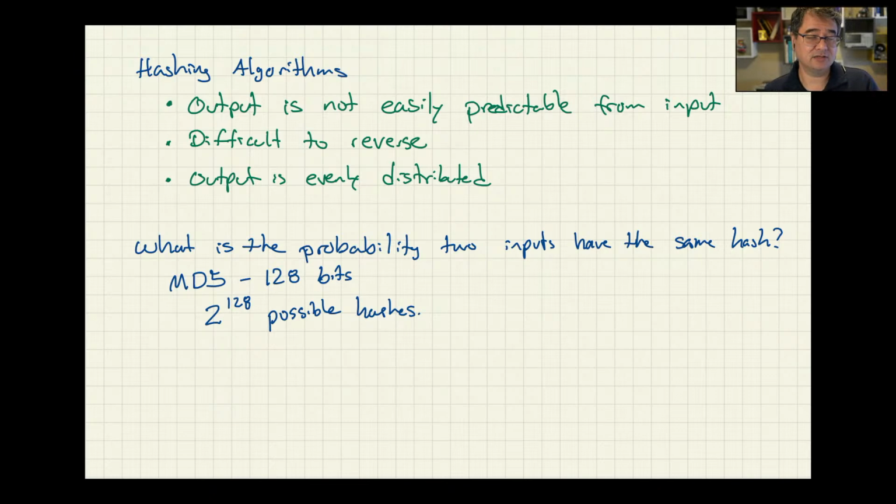So that means the probability that two different inputs will have the same hash is about 1 in 2 to the 128th.